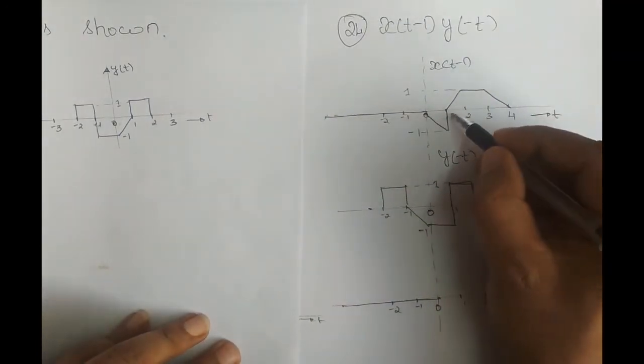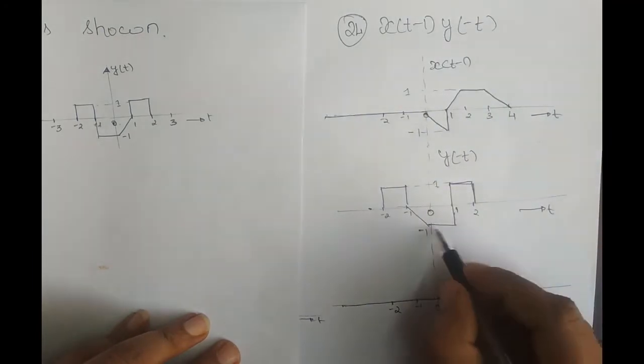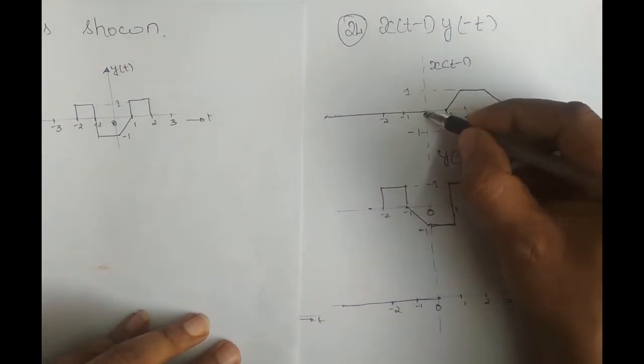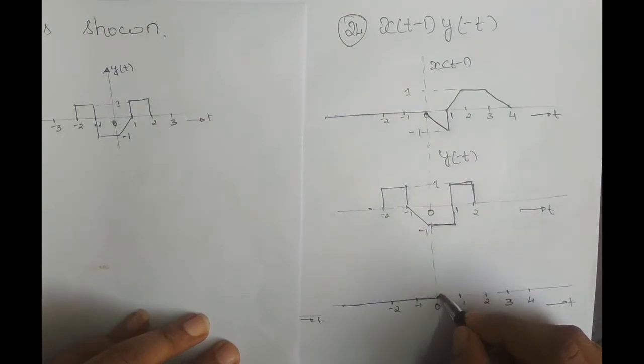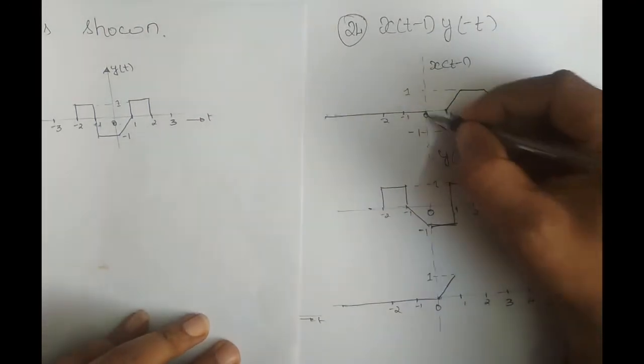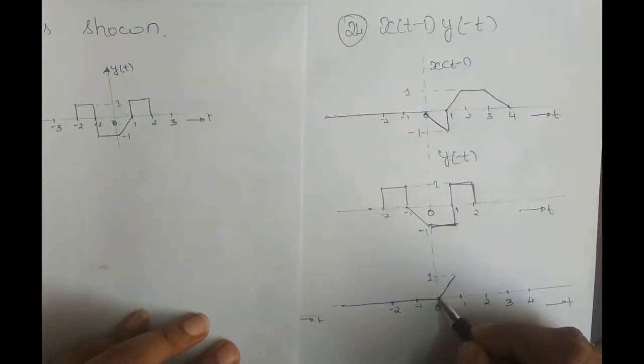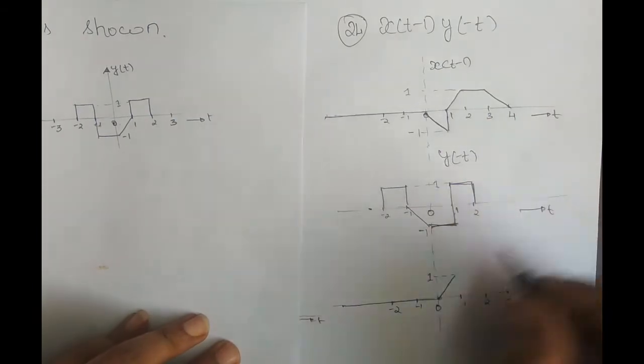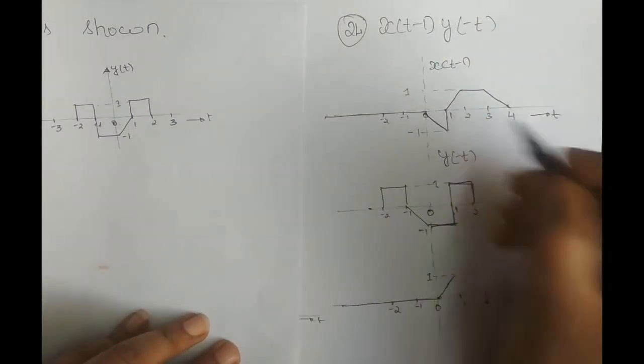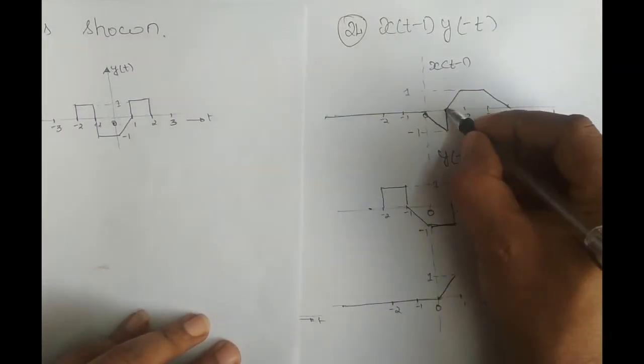Now for t varying from 0 to 1, minus 1 times negative slope goes to positive slope, right? So it is 1. So minus 1 times negative slope is positive slope. Here it is varying from 0 to minus 1, here it goes 0 to 1. Now for t varying from 1 to 2, 1 times positive slope.